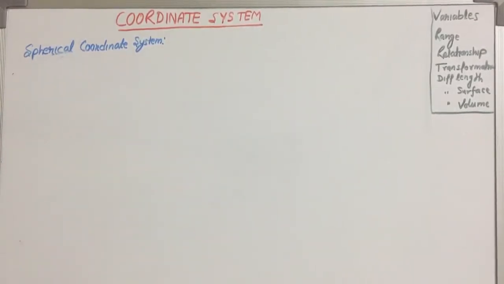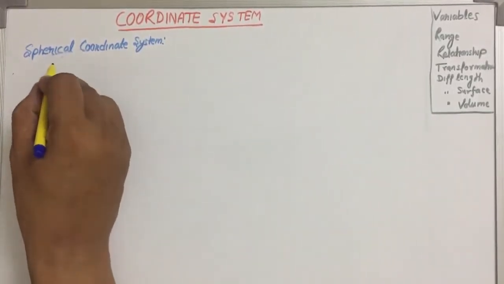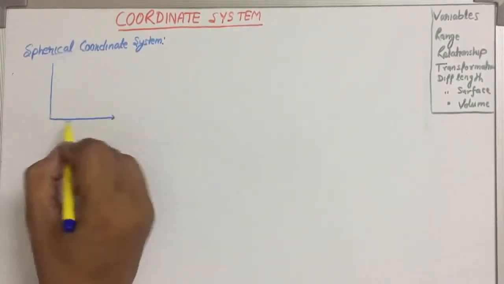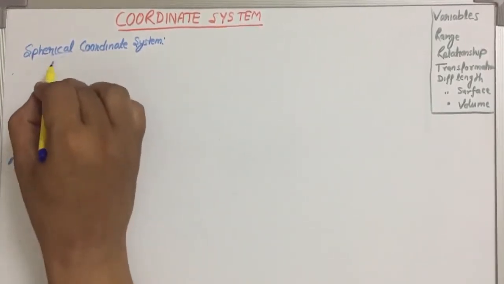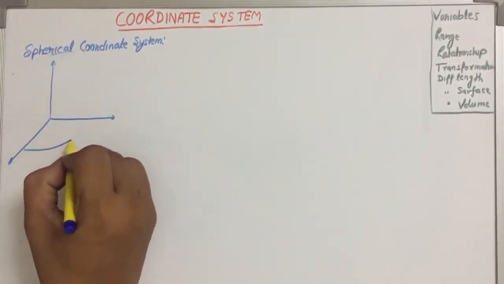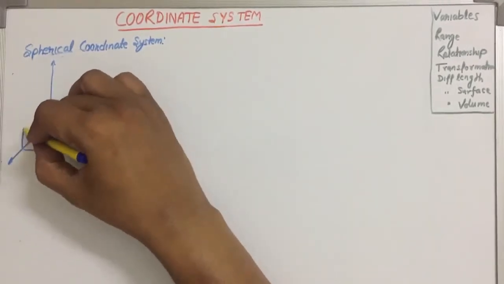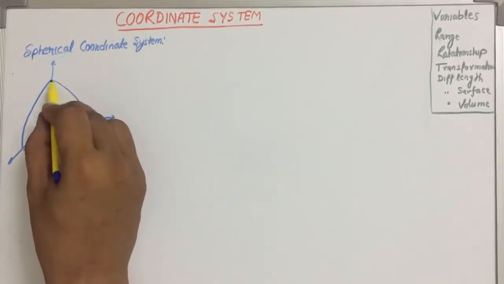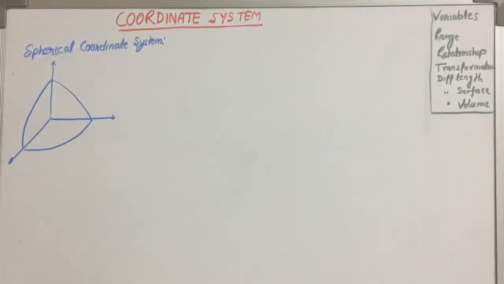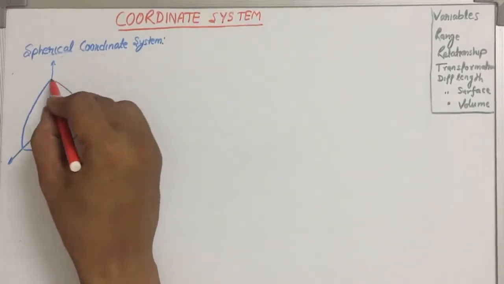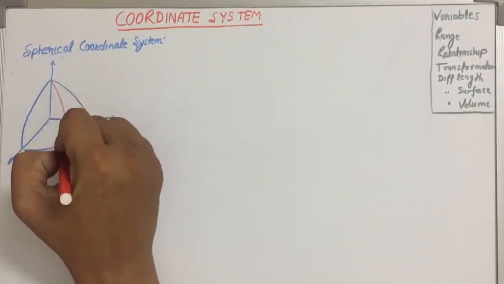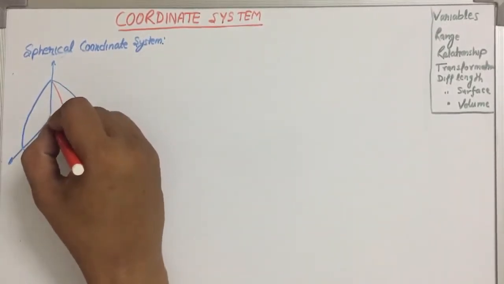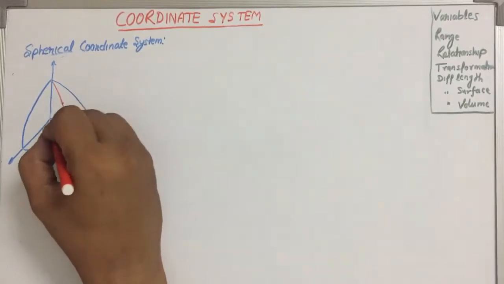Now to discuss the spherical coordinate system, let us draw a part of a sphere. This is the part of the sphere, and the variables in this case can be, assume a point P here.